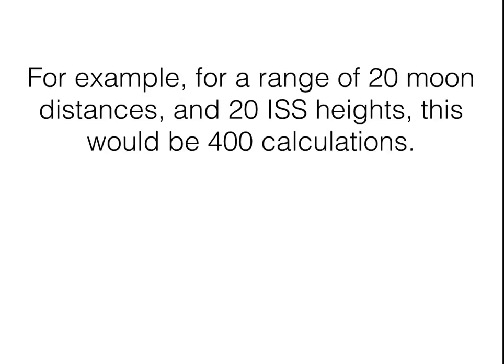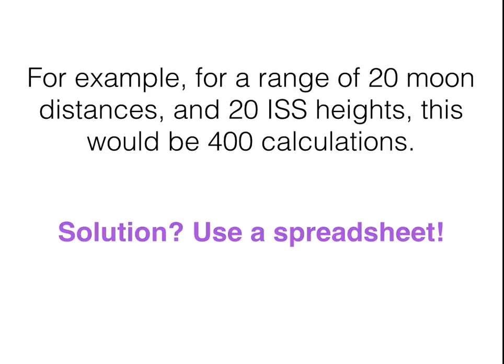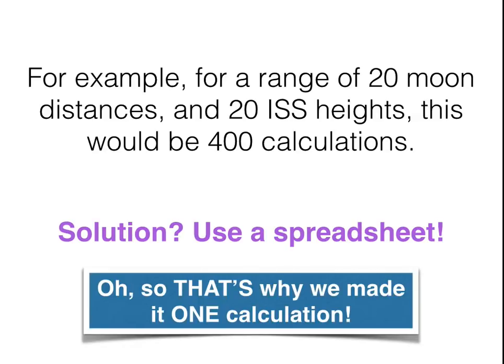For example, if we have a range of 20 moon distances and 20 ISS heights, that's 400 calculations. Now that will be very tedious, so we're going to use a spreadsheet. Now here's the thing about a spreadsheet. Each cell can have only one calculation in it. So that's why we made it one calculation, because each of those calculations will fit in one spreadsheet cell.